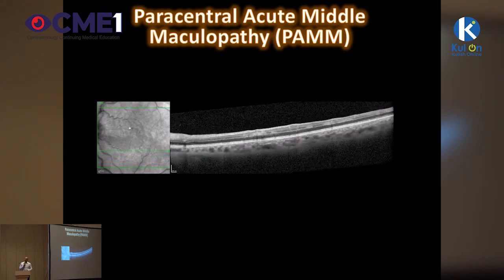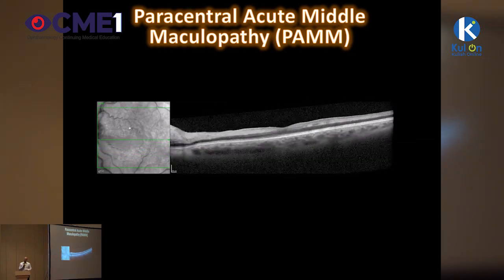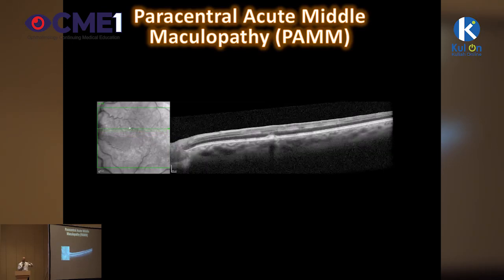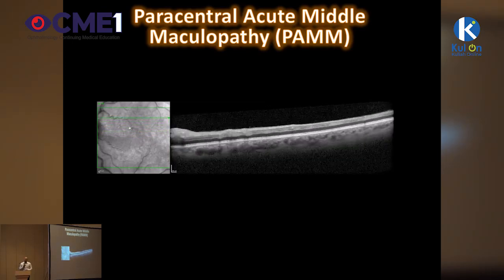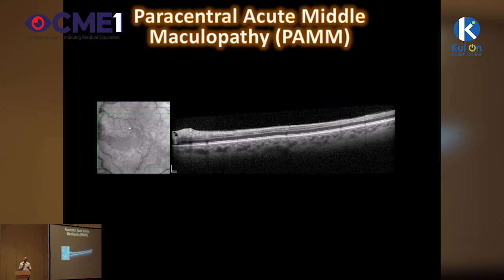So this is the OCT of the same patient. So this is an OCT volume scan running through the retina. And have a look at that very carefully. So you'll see what's called a PAM lesion on the OCT. And the PAM lesion stands for paracentral acute middle maculopathy.